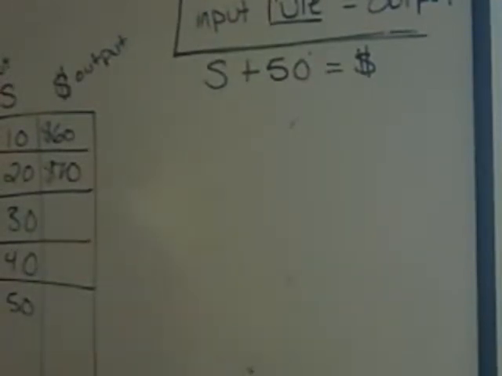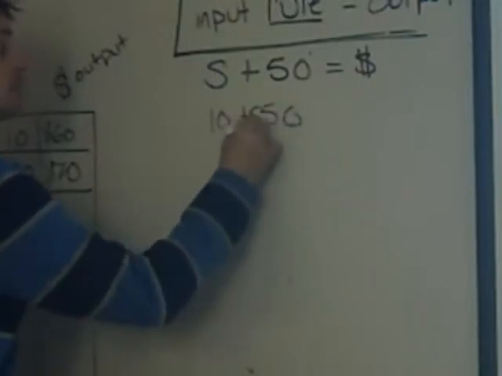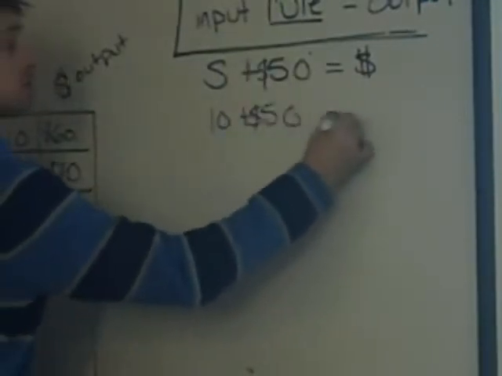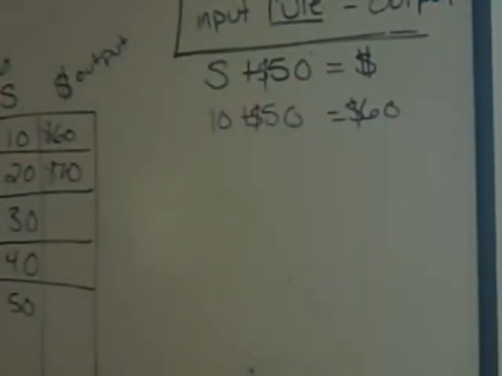Treyante. 30 plus 50. Okay, you just skipped right down. Let's set up these that we've already got done, okay? 10 plus 50 equals 60.